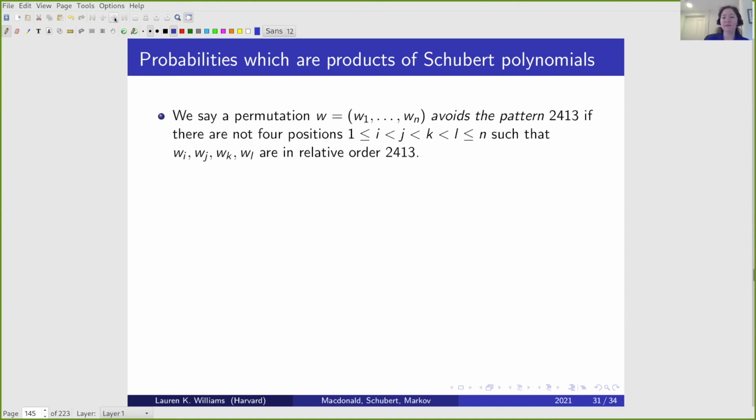So we say that a permutation W avoids the pattern 2, 4, 1, 3 if there are not 4 positions I, J, K, and L such that the letters of my permutation, Wi, Wj, Wk, Wl, are in the relative order 2, 4, 1, 3, meaning that this one is smallest, this is second smallest, this is third smallest, and this is largest.